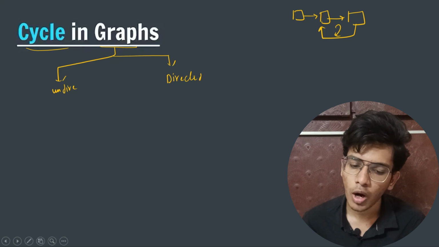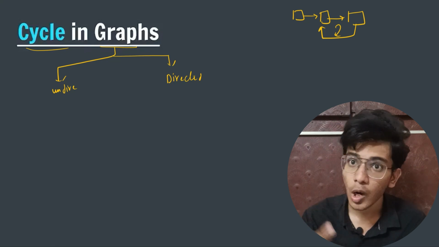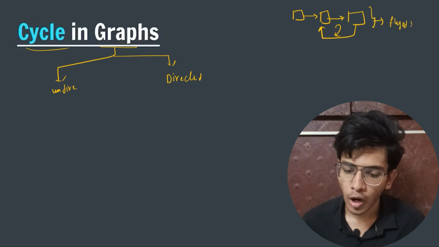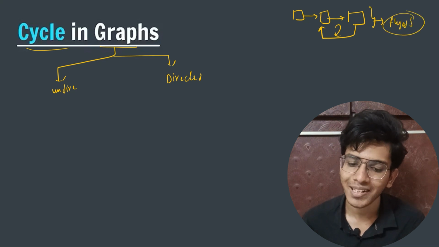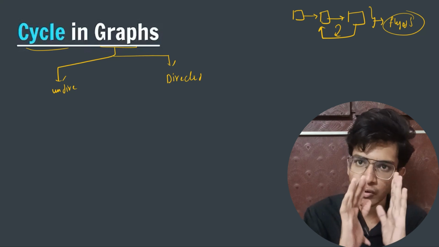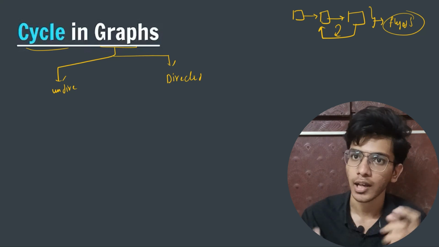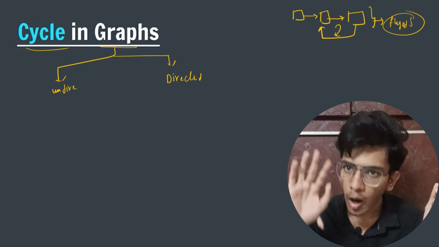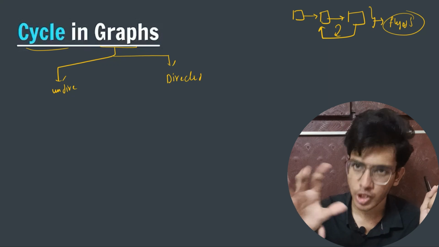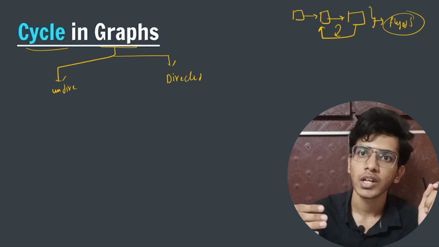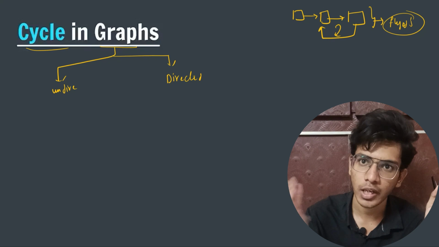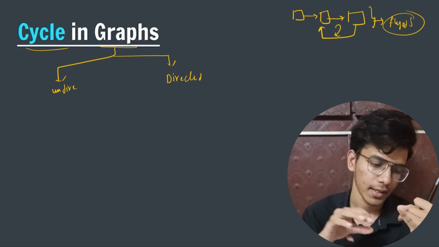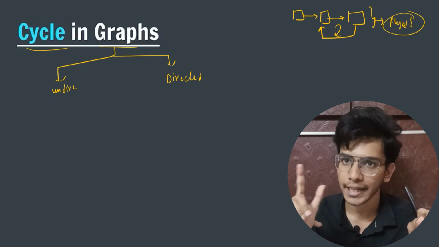In order to avoid this looping, this cycle formation, we use an algorithm called Floyd cycle detection algorithm. Using this algorithm, first we detect whether a cycle exists or not, and if it exists, then at the point of formation of the cycle we change the direction of that node's next value in order to remove the cycle from the linked list, because a linked list is a linear data structure.